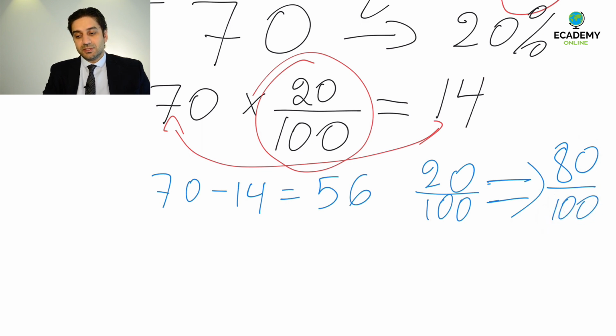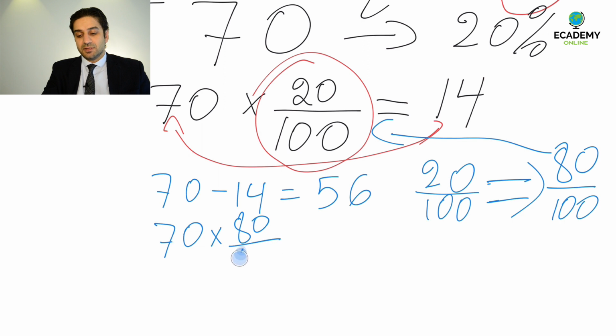I can redo the original technique with the 80 over 100. 70 times 80 over 100 is equal to 56. I will end up with the same value.